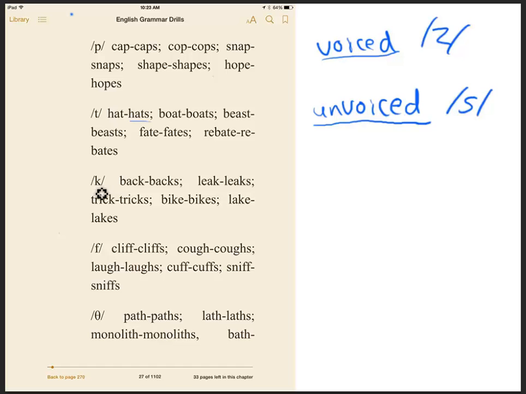Say it with the K sound, k, backs. F sound, f, cliffs. The TH sound, paths. Okay, so you can see that anything that is unvoiced, the final consonants before the vowel, it always sounds like an S. It sounds just like it's written.